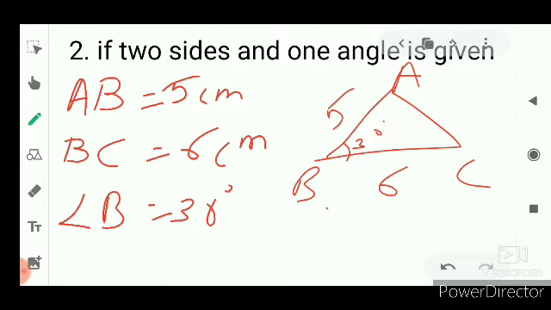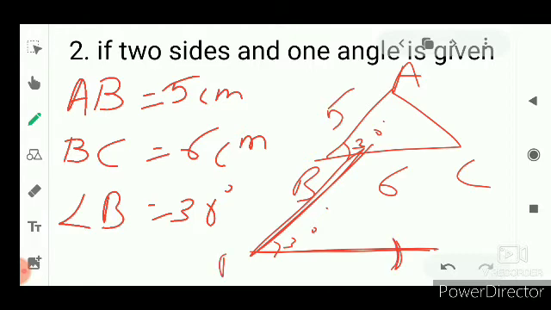And how will we draw? First of all we will make an angle of 30 degrees. I have already taught you how to draw an angle of 30 degrees. This is your angle of 30 degrees, and then we will take a distance of 6 cm in the compass and make one arc on this side.